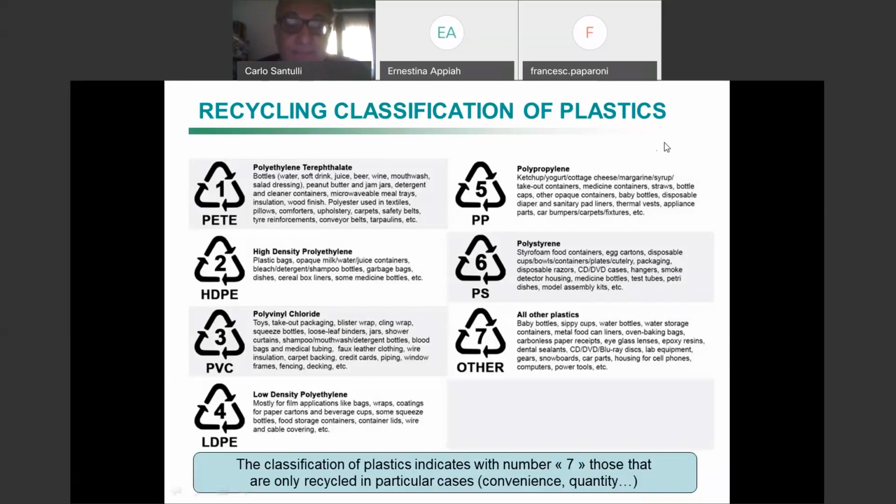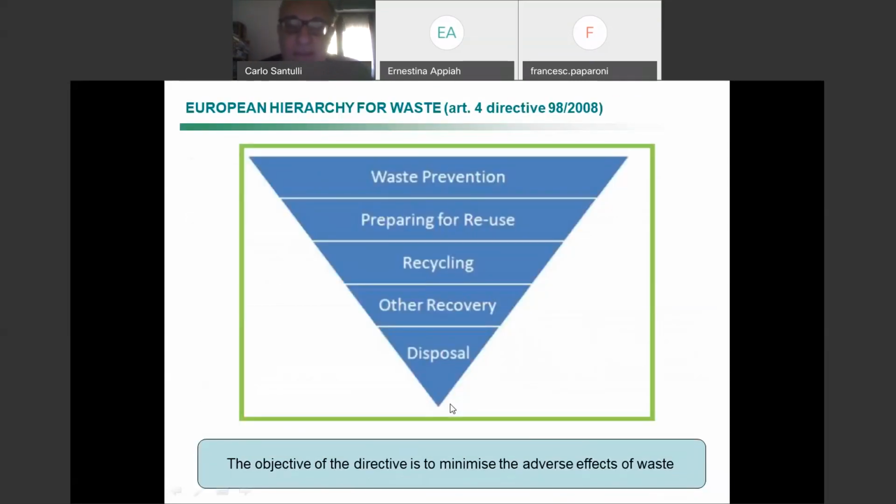And I was talking about recycling. Recycling is inserted in this strategy, which represents what we are supposed to do with waste. The first option would be not producing waste at all.